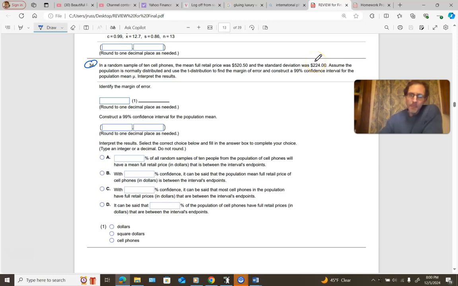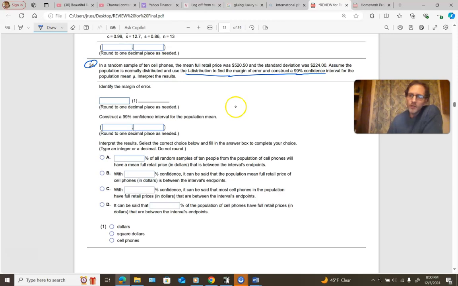So again, we're going to be relying on that t-distribution because we don't know what the standard deviation of the actual population is. It says assume that the population is normally distributed and use the t-distribution to find the margin of error and construct a 99% confidence interval.